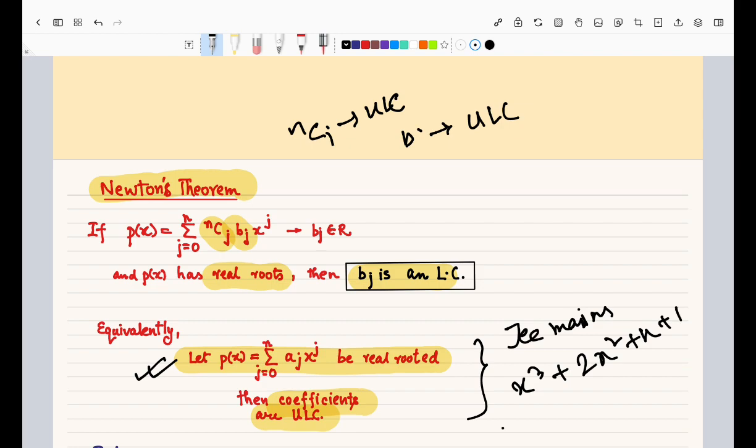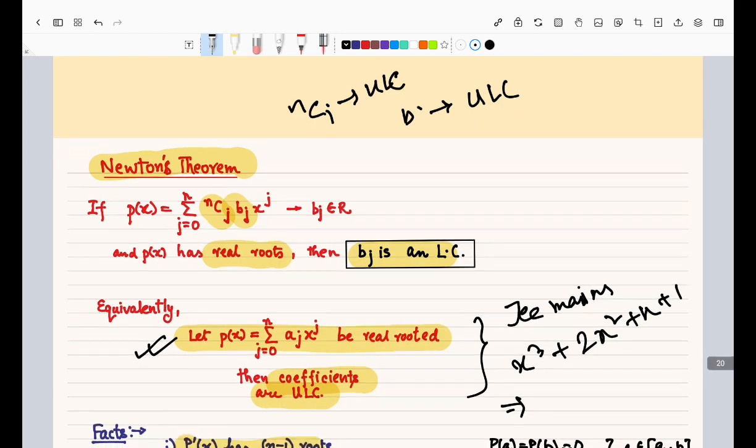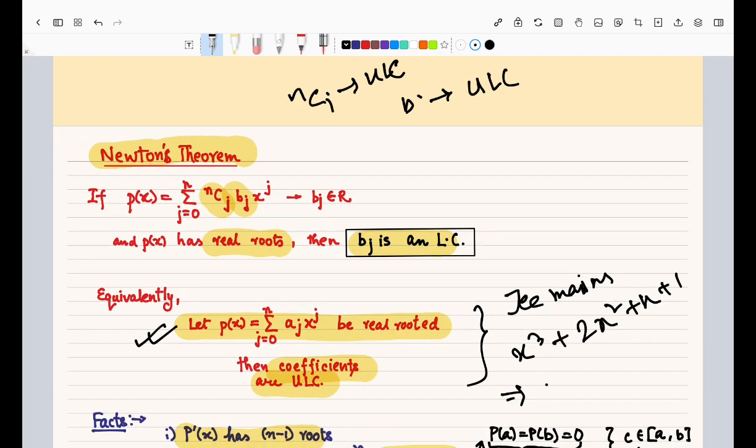Let's say you are given this following function and you are asked to find the number of real roots of the following function. So now you can just try to use this fact, that is, 2 squared must be greater than or equal to 1 into 1. Also 1 squared, right?